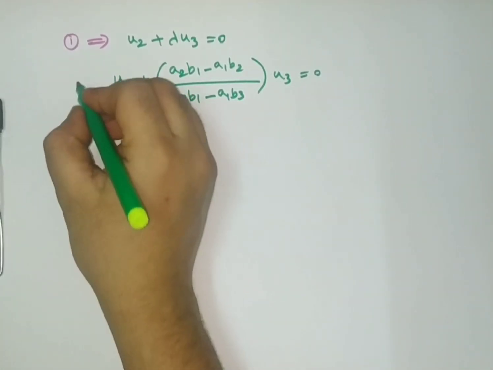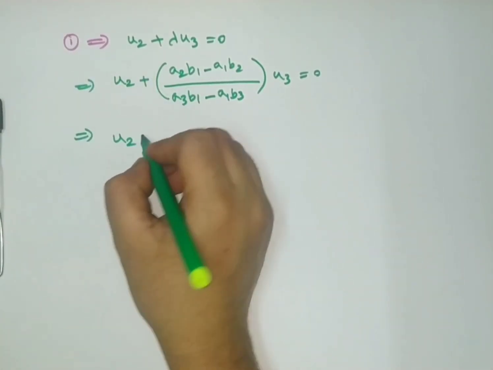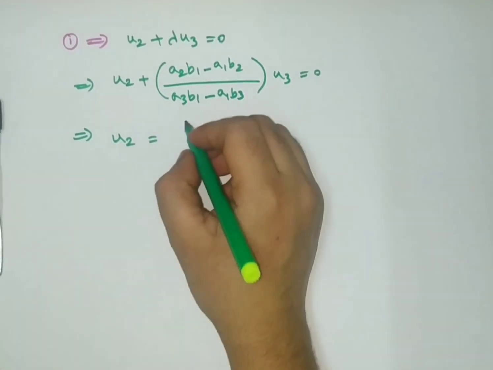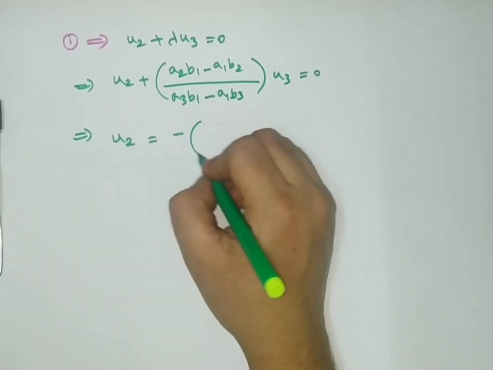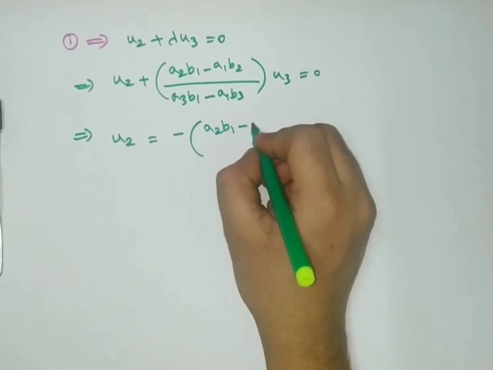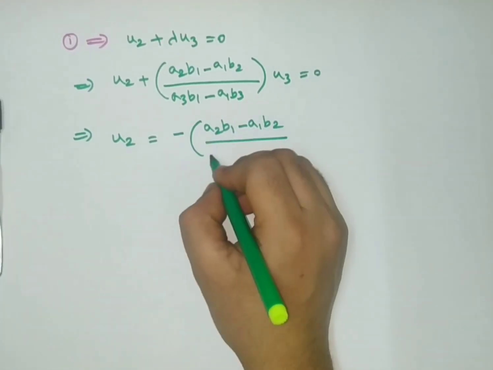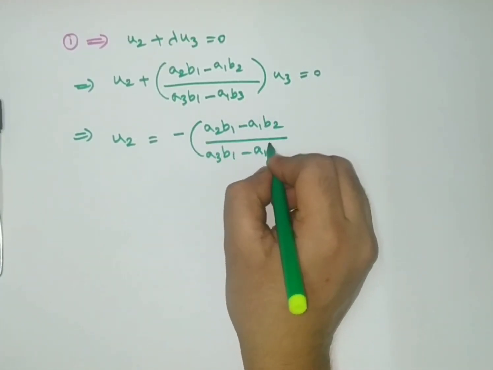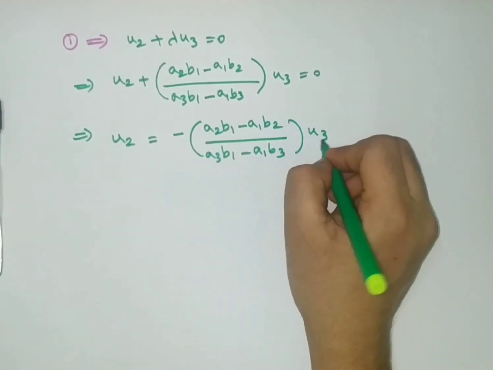So that implies u2 is equal to minus of a2 b1 minus a1 b2 by a3 b1 minus a1 b3 into u3.